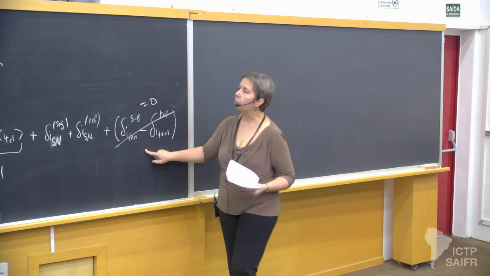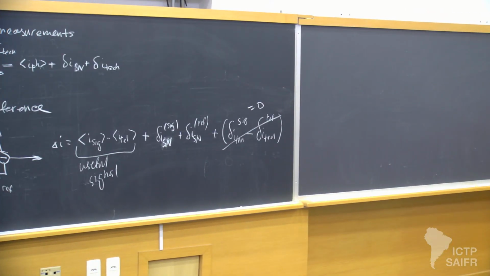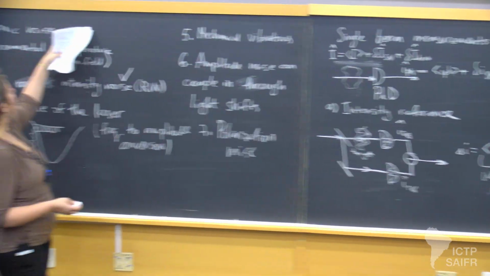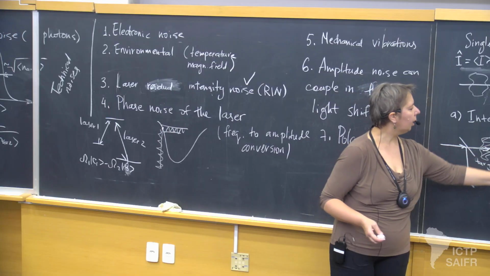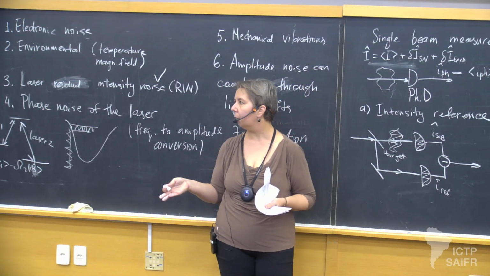So as I said, that's going to kind of help us with some of the technical noises. So this one is particularly the one we want to get rid of. It's probably not going to help with the others. In terms of electronic noise, the practical advice, if you want to realize the scheme like this, so typically if you're looking for the small signals, you will need to amplify it at the end.